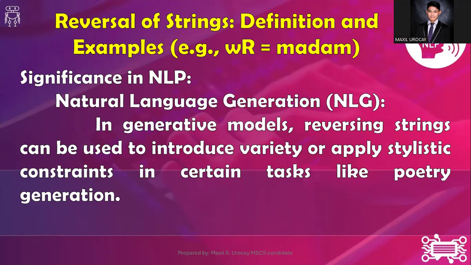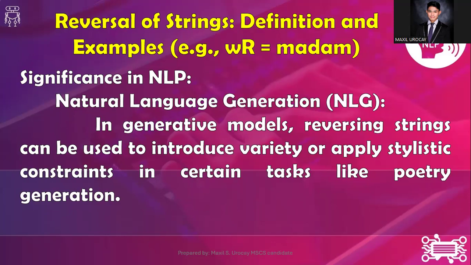So reversing strings can introduce variety or apply stylistic constraints, such as creating mirrored or symmetrical structures in tasks like poetry generation. This will really help the model also to generate more creative and diverse output, adhering to specific linguistic patterns or stylistic preferences.